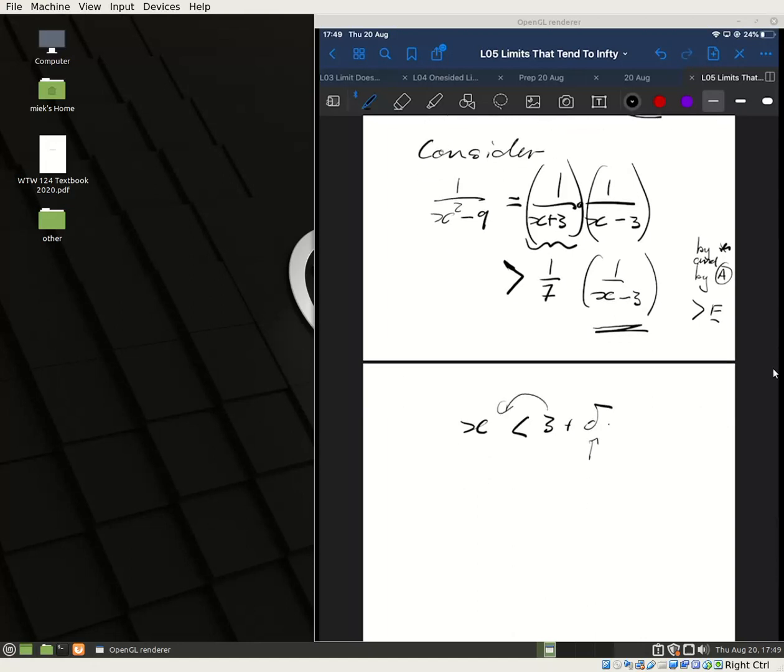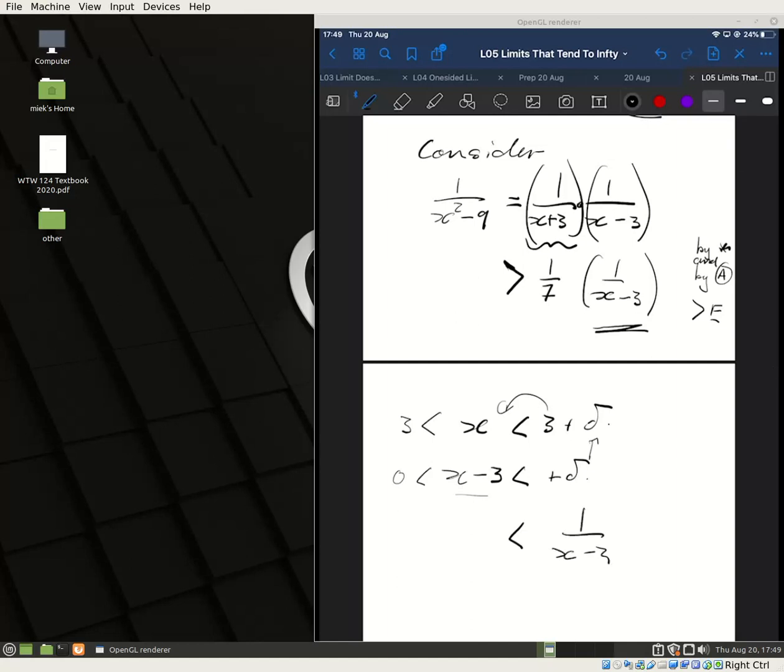So let's take the 3 across. That becomes x minus 3 is less than delta, and remember here that x is bigger than 3, so this is positive. So let's see, we can divide.